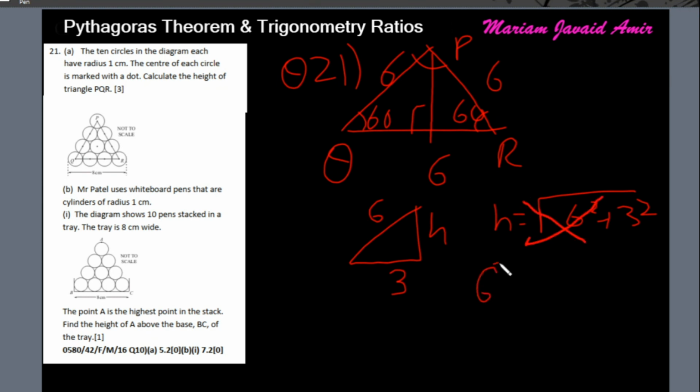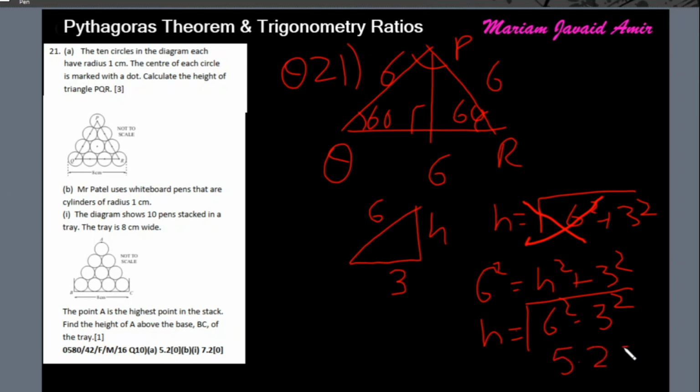It's c squared equals a squared plus b squared. So h will be the square root of 6 squared minus 3 squared. The answer is 5.196, so rounded off to 5.2 centimeters is the height.